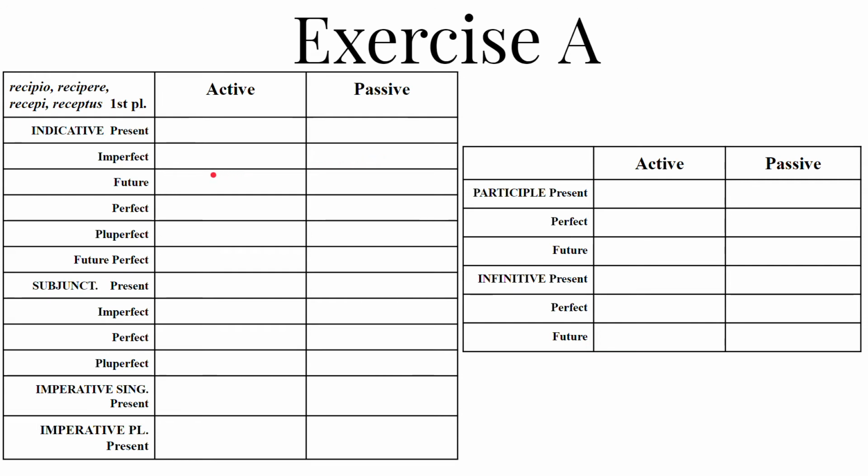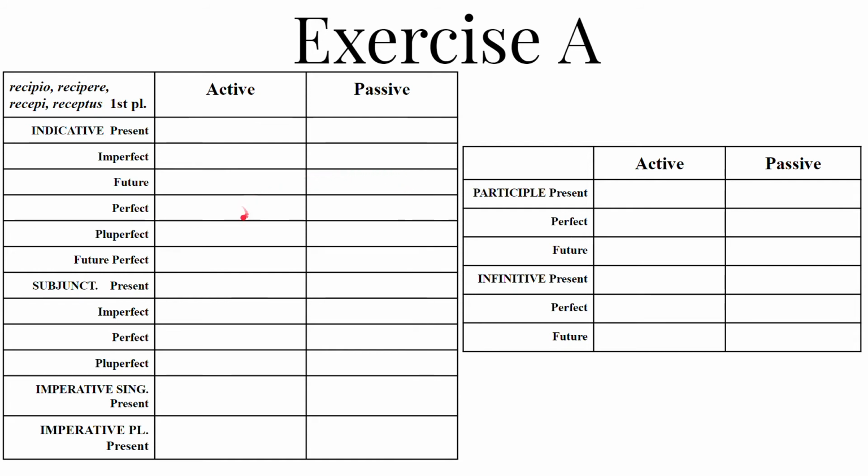For the future, just like the third, we don't use bo bis bit. We use am es et, emus. So recipiemus. Present stem plus the ending. For the passive, ar eris etur, emur emini entur: recipiemur.